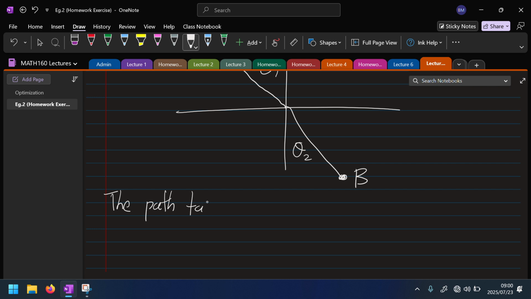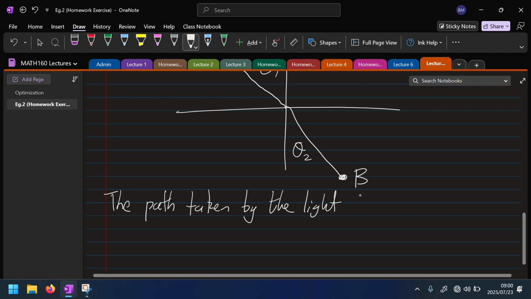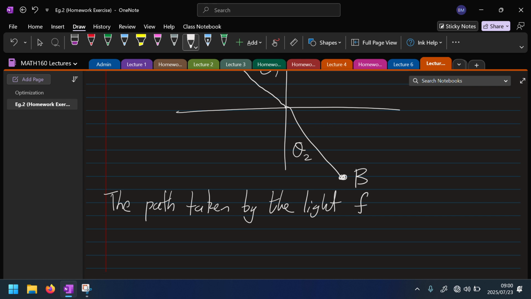So the path taken by the light from A to the origin, so that line at the top there, then O to B takes the least amount of time.